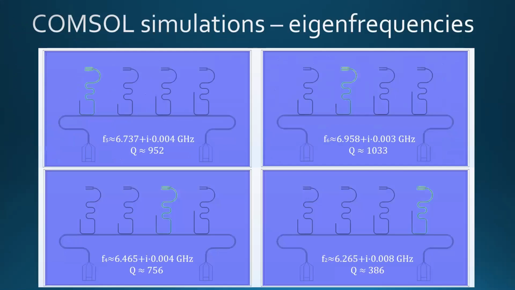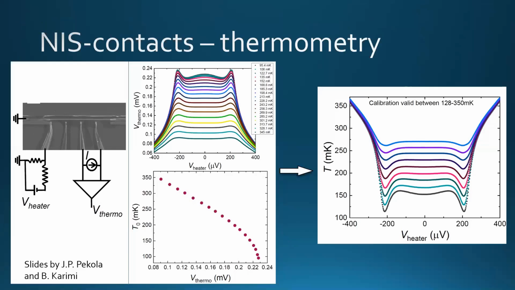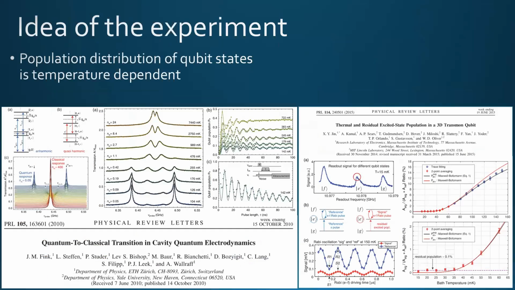Well, first of all, the idea was like in this paper, thermal and residual excited state population in a 3D transmon qubit. So to measure the population distribution, which depends on the temperature of this thermal bath.